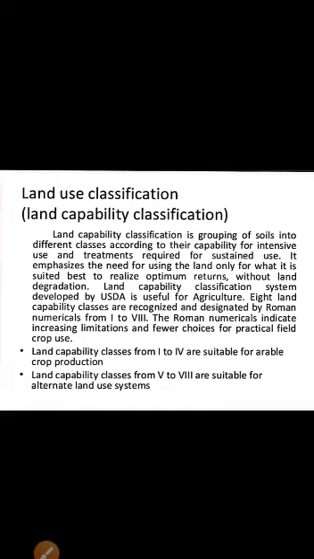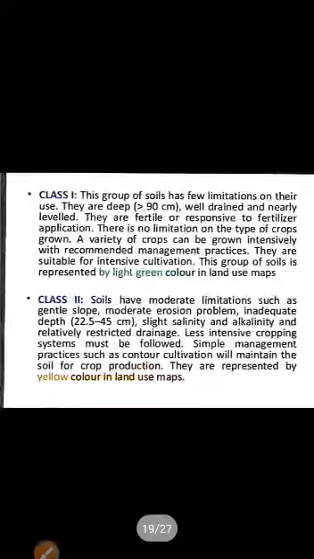Now, if we talk about classes 1 to 4, they are suitable for arable crop production. If we talk about the remaining 5th to 8th classes of land capability, they are suitable for alternate land use systems, right?